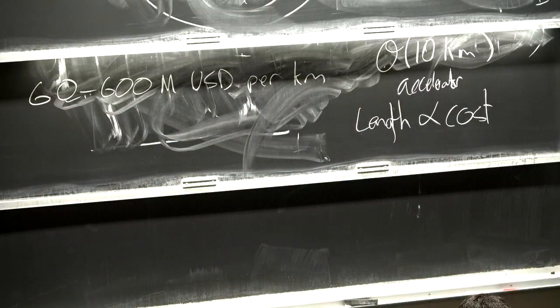So RF LINACs, they're great. You can get large accelerations, but unfortunately, if you do it as a LINAC, they get longer and longer and longer, and eventually I run into a cost issue. I would love to build a collider from Boulder to Kansas City, but now we're talking the defense budget of the US per year, not just order $10 billion. That's just digging the tunnel.